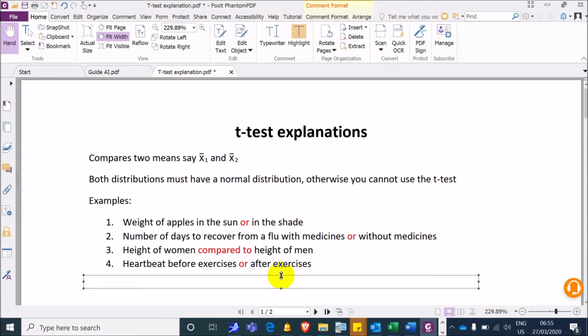We assume that it will go up. So the mean of after the exercise will be higher than the mean before the exercises. I don't know what the control will be in 1 or in 3, because we are comparing two different things. You could say, okay, I want to compare in the sun with the shade or in the shade with the sun.